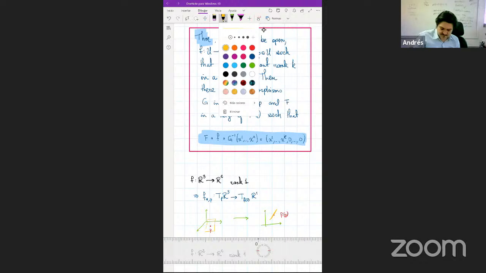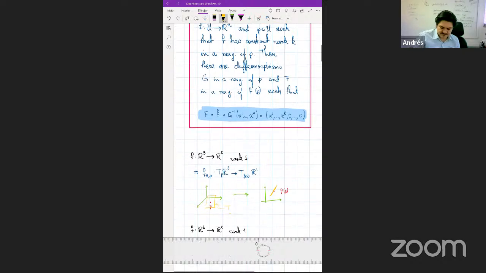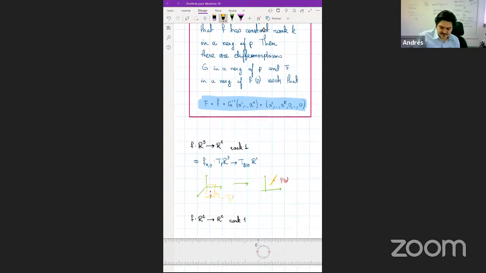So this is a three-dimensional space, and in here, the two-dimensional space, you have a line. Now, this behavior not only happens at P, but happens at nearby points about P. So the three-dimensional space is collapsed into a one-dimensional space.